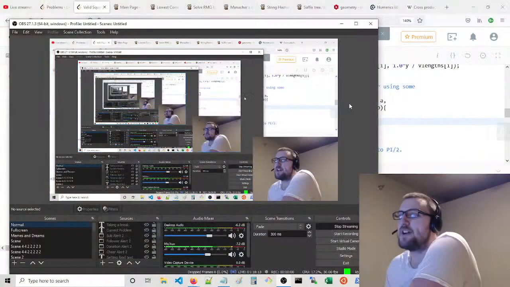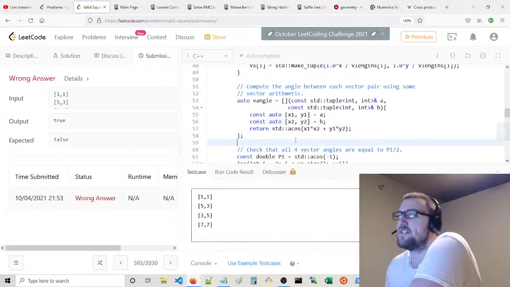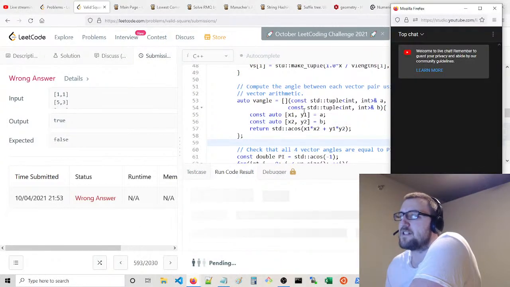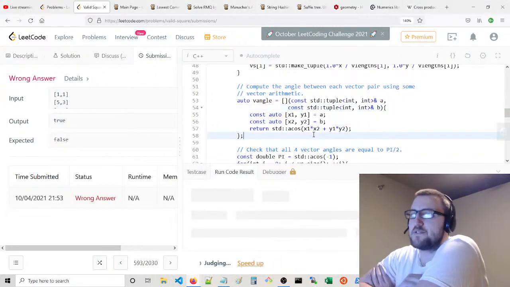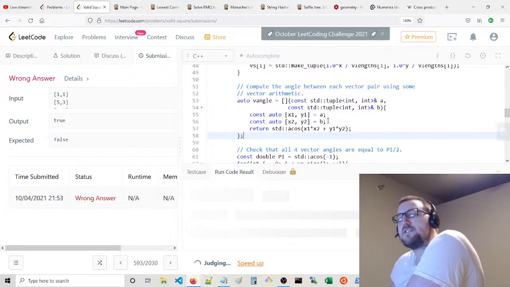Kind of thought that might happen. I really didn't want to test this, or I was just hoping it would almost magically pass the test cases, but this is a common thing you need to check for. Really should be floats, not doubles.